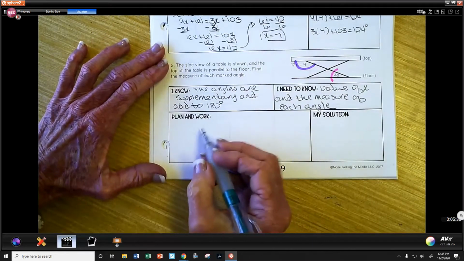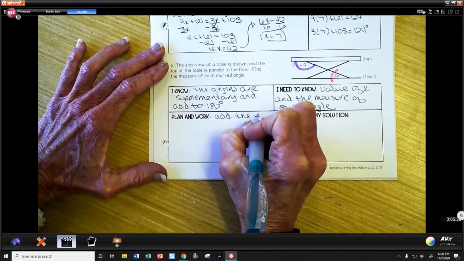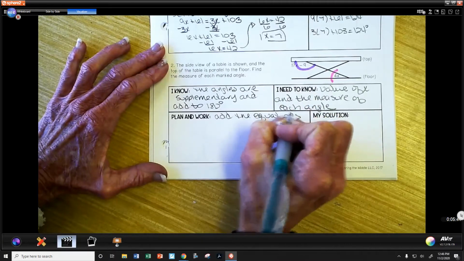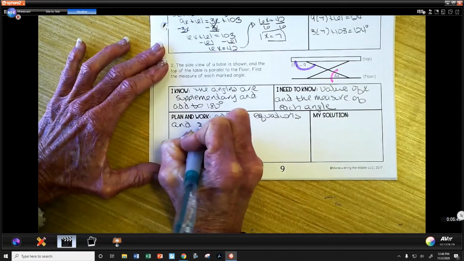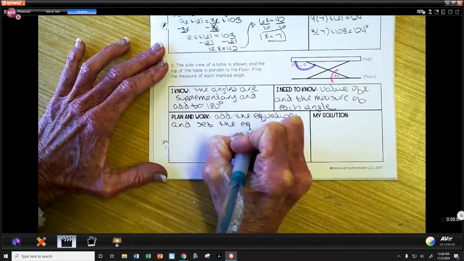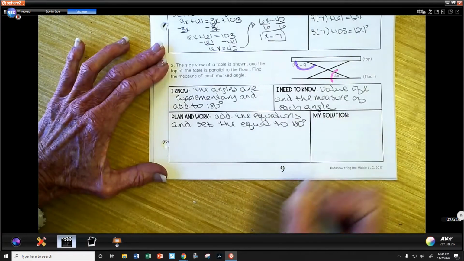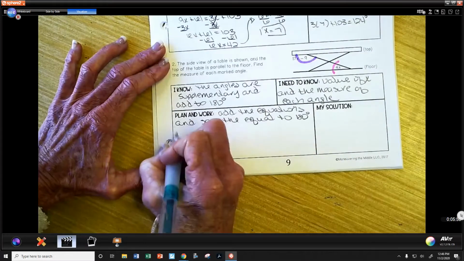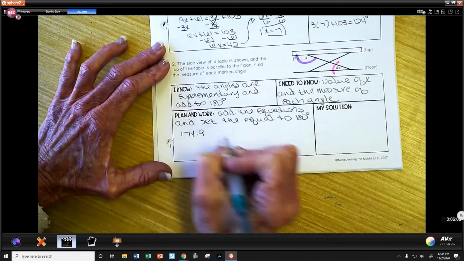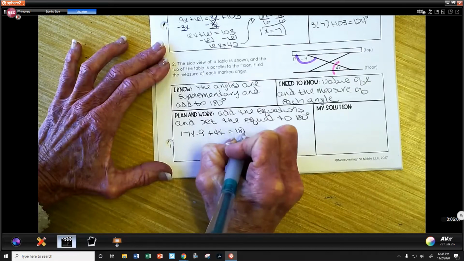Okay, so now we're going to do our work. So first of all, we're going to add the expressions and set them equal to 180 degrees. All right, so let's see. I have 17x minus 9 plus 4x equals 180.